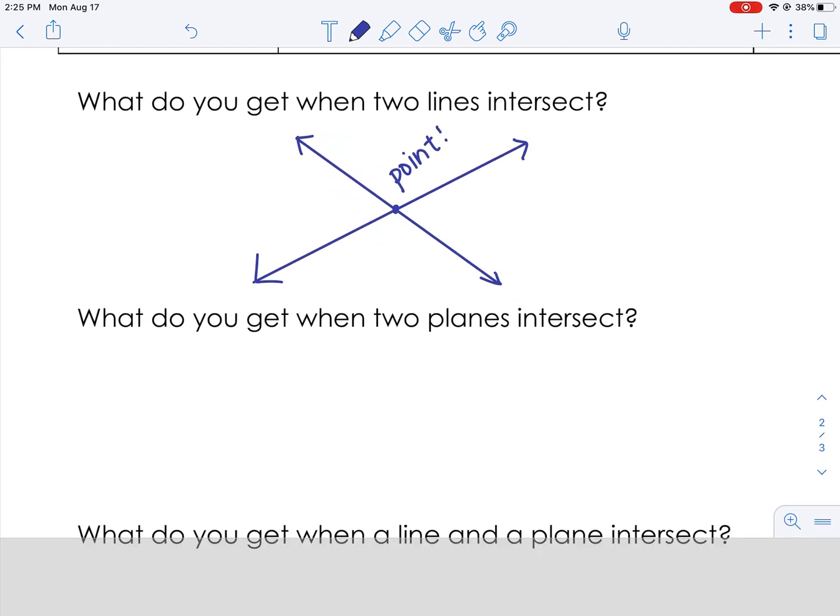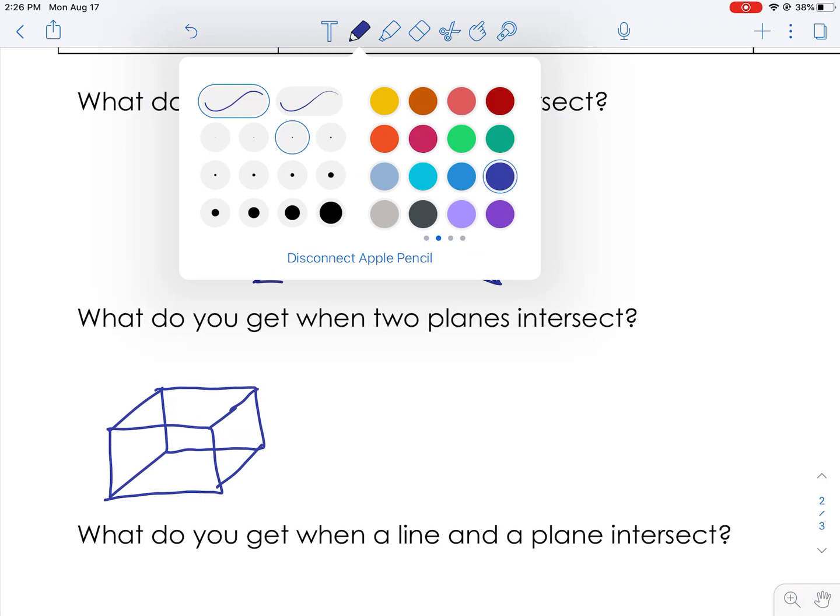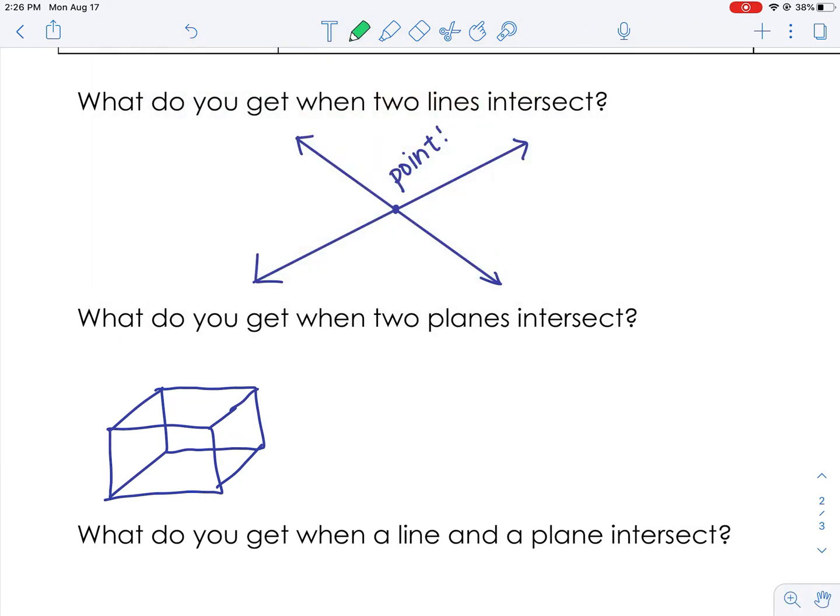So a harder one to think about is what do you get when two planes intersect? If you just remember a plane is a flat surface, think of if you got a box or a package delivered. And I'm a horrible artist, so bear with me. You have a box delivered. A plane's a flat surface.